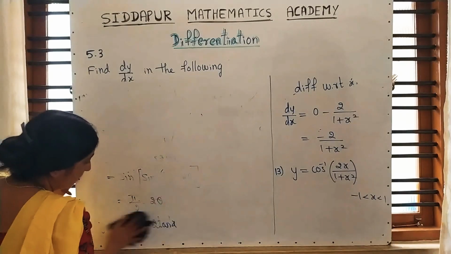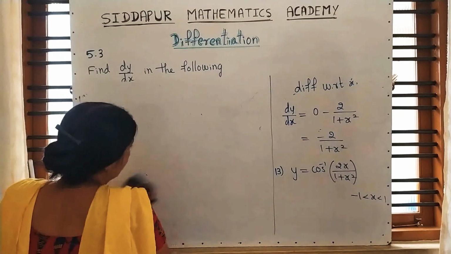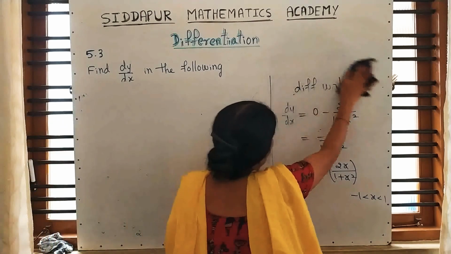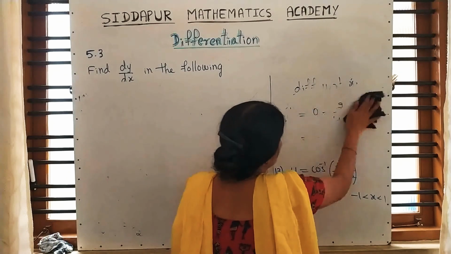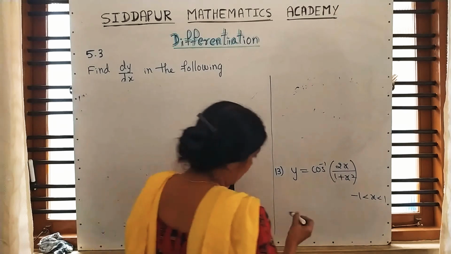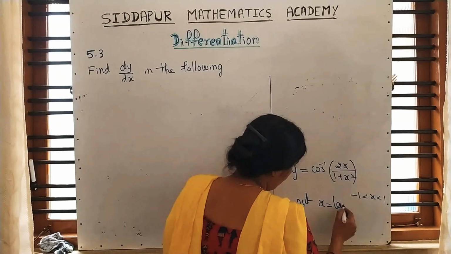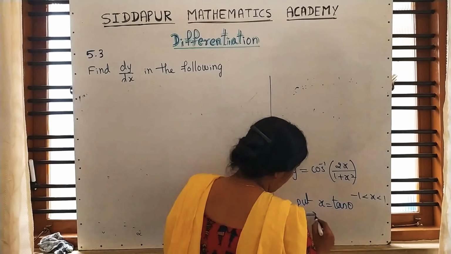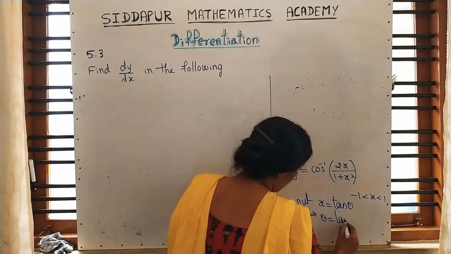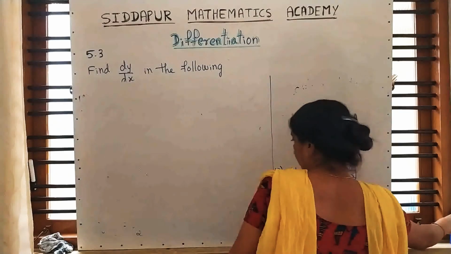Don't worry about that. Afterwards, we can rearrange that. Have you got that value? What will be the substitution then? Tell me. Yes. The substitution is x is equal to tan theta. This implies theta is equal to tan inverse of x.